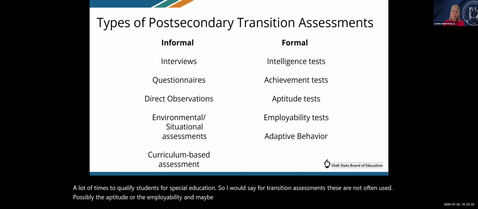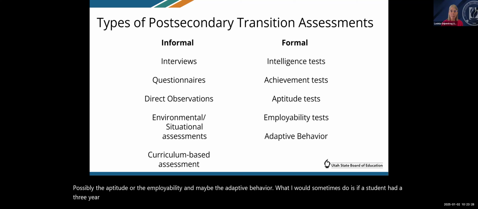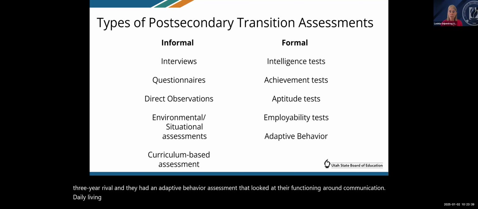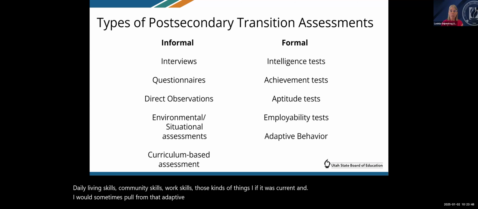What I would sometimes do is if a student had a 3-year reevaluation and they had an adaptive behavior assessment that looked at their functioning around communication, daily living skills, community skills, work skills, those kinds of things, if it was current information, I would sometimes pull from that adaptive behavior formal assessment and add that to my summary of transition assessments.